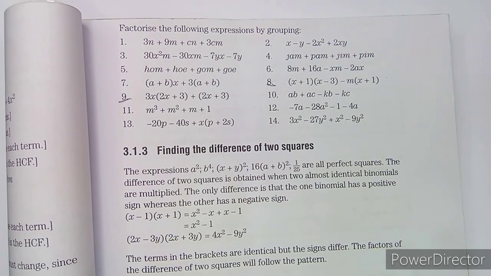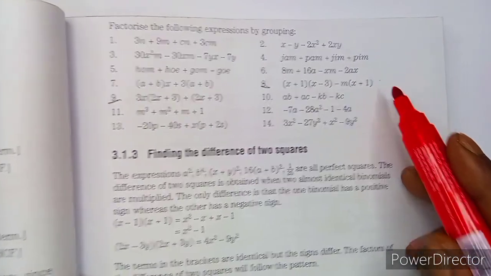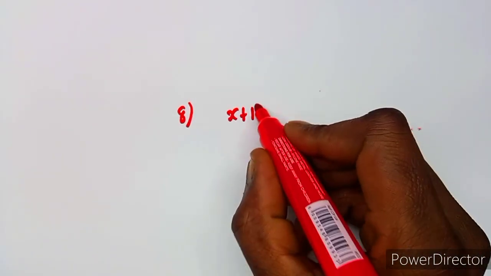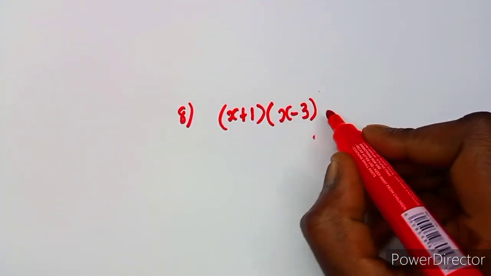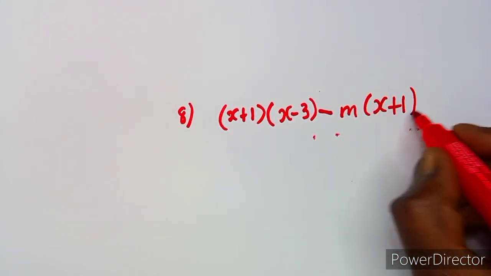So as you can cross-check, maybe someone can ask about this question 8 here. Let's just see it, because it seems like there's something there. It's something like this. Let me show you, guys. It's something like this: x plus 1 into x minus 3 minus m into x plus 1. This is what we have there.